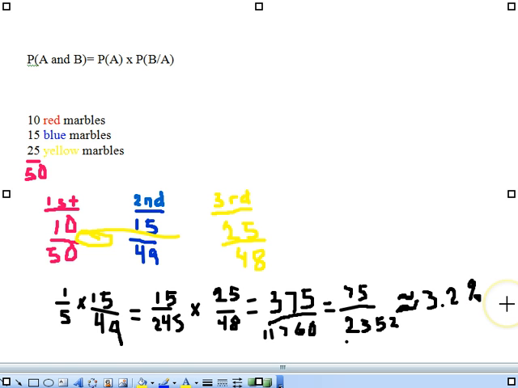Okay, so that's the answer to the ongoing assessment. It's about 3.2% probability of removing a red marble on the first draw, a blue marble on the second draw, and a yellow marble on the final draw.